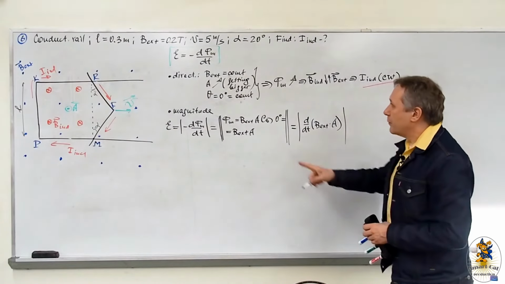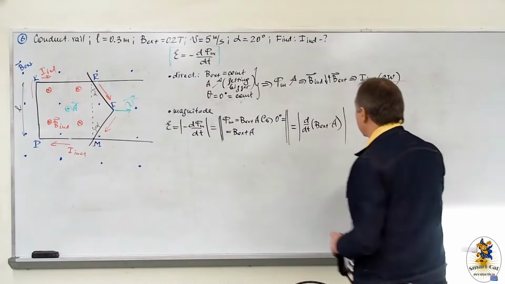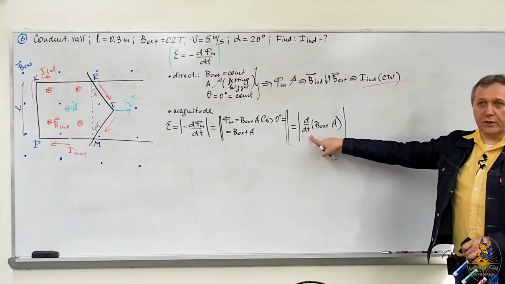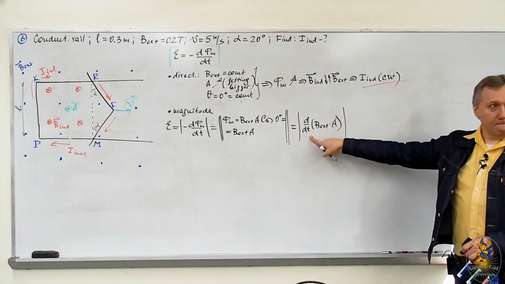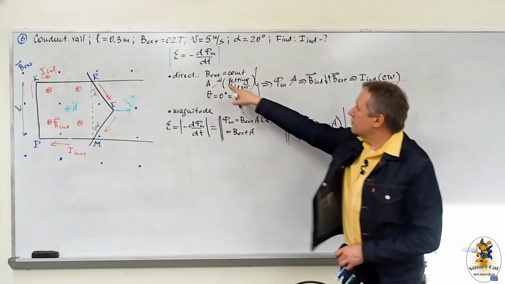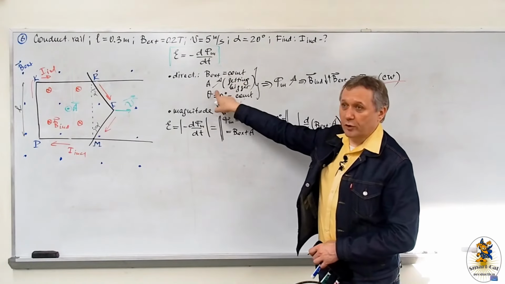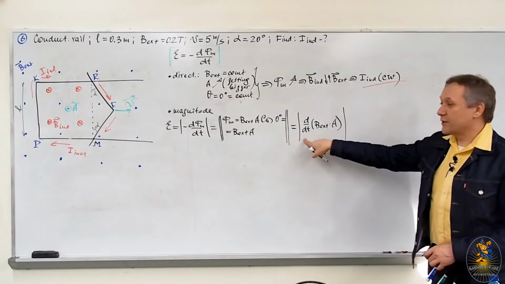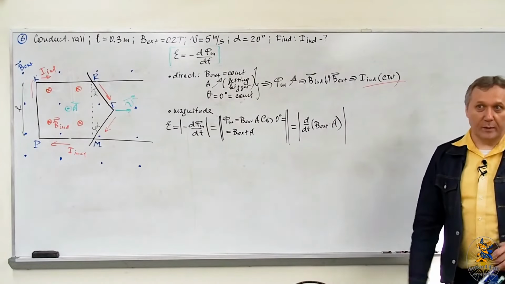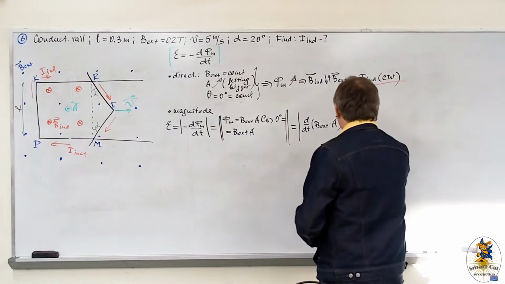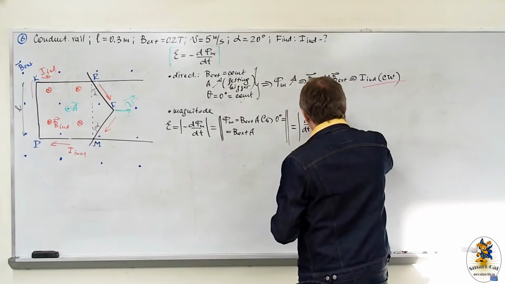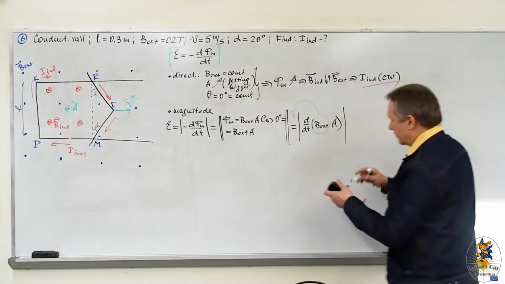Before I start applying those symbols, which symbol can be pulled out of the sign of differentiation? B external. It's constant. But area is not constant; area is a function of time. So we can't extract it. That would be a mathematical crime. I can take the magnetic field and extract it because it's constant.